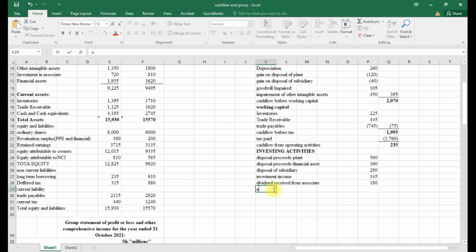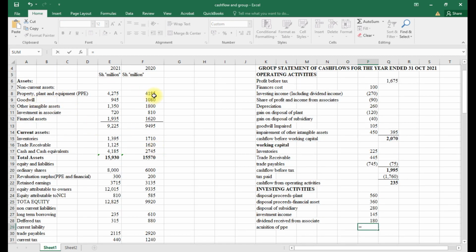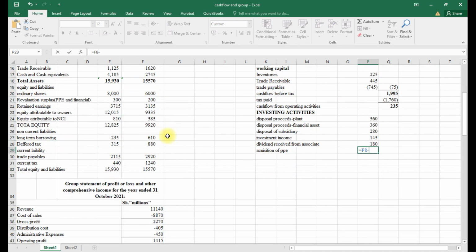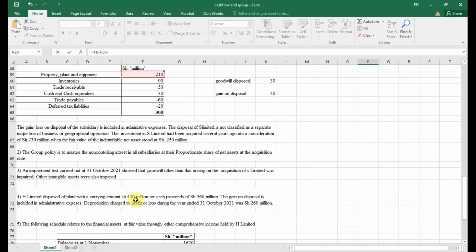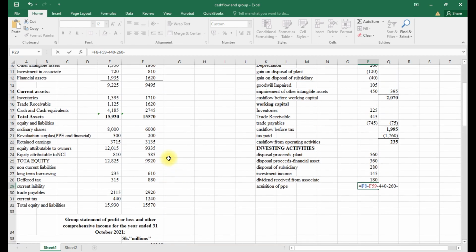Then you have the acquisition of PPE. You look at the PPE, we started with 4185, and we minus what we disposed in this note, and also we minus what we sold for 440, the one we disposed, the plant, and we had a depreciation of 260 again, and we minus the end balance.